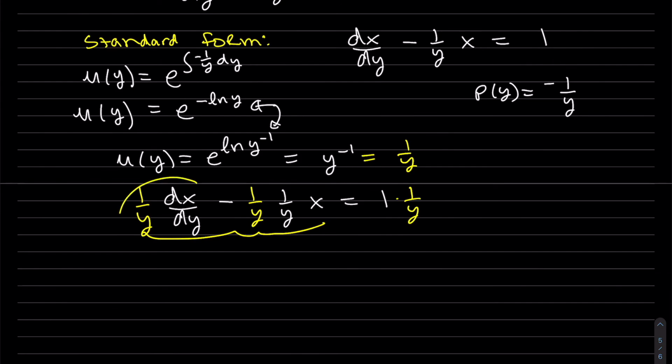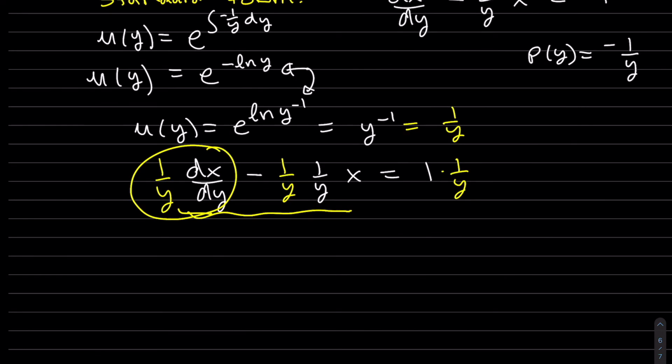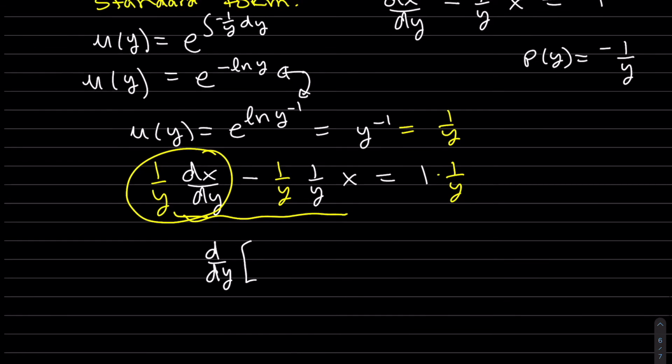Again, if we just focus here, we can write this as a derivative of a product, but remember, it's in terms of y now, so it's d dy, the derivative in terms of y, of this first part, which is my mu, times x, since it's the derivative of x in terms of y.